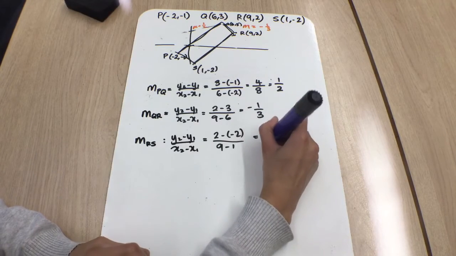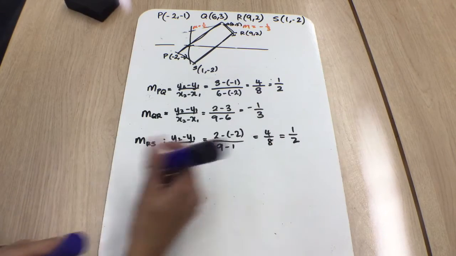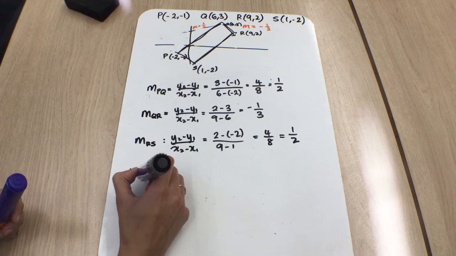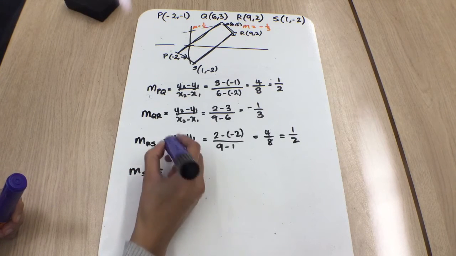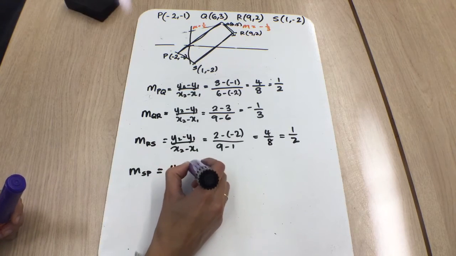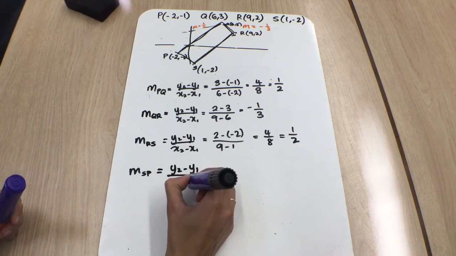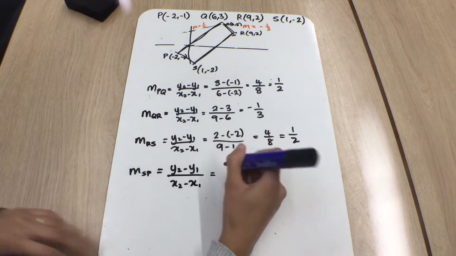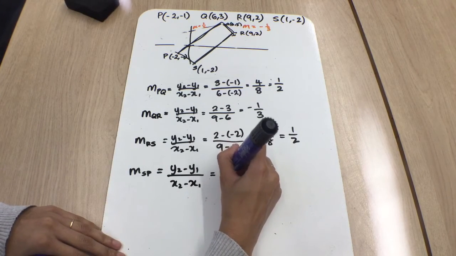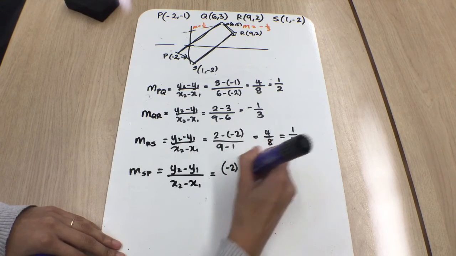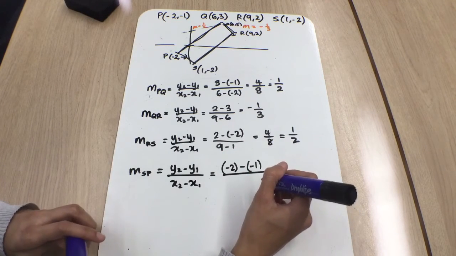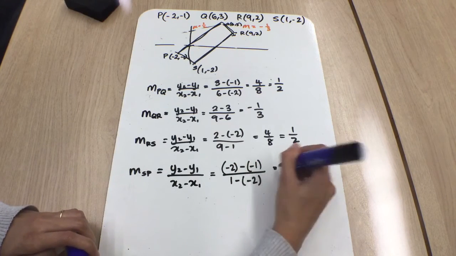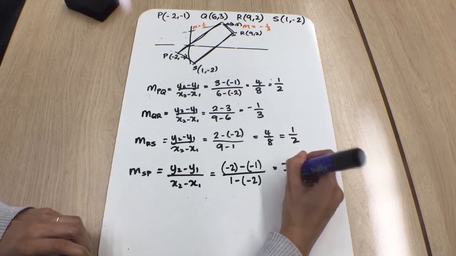Again, that's 4 over 8. That's half. And finally, S to P or P to S. That's y2 minus y1 over x2 minus x1 is equal to minus 2 minus 1 over 1 minus 2. That's minus 1 over 3.